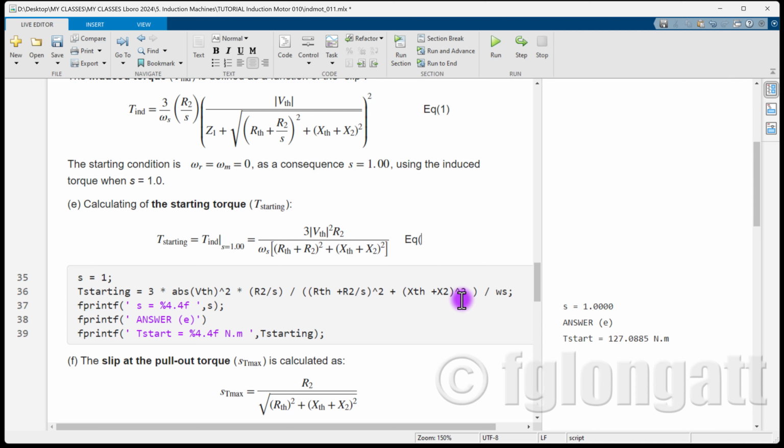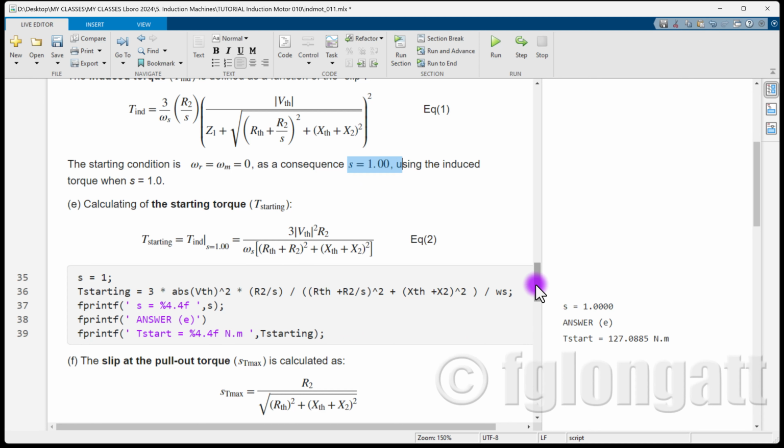That equation number 2 is also included in your theory classes, and it was explained there. But now what we are doing is basically substituting the slip for the starting condition into the equation.